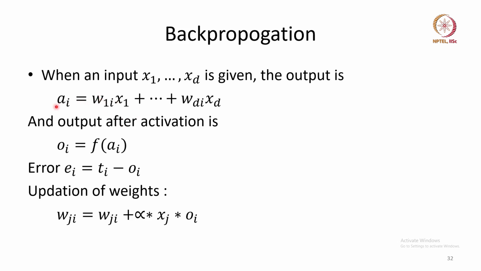The input to the output i will be equal to W1i into x1 plus W2i into x2, etc., Wdi into xd, and the output you get after the activation, f of Ai, gives you your output.